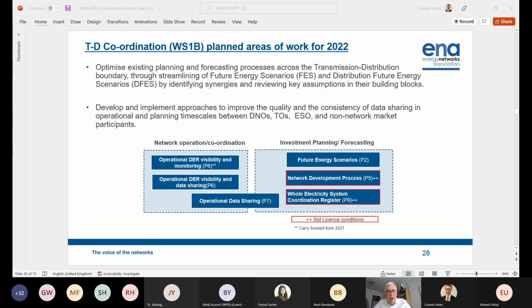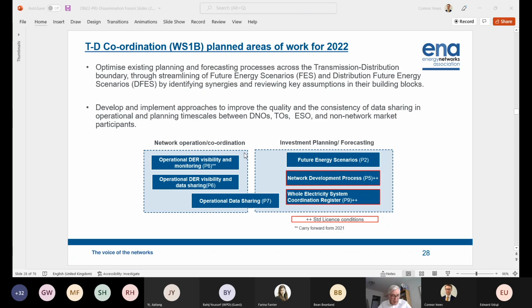But what there was a real requirement for was a best view that you could use for the Network Development Plan, for long-term development statements, and also for exchange of data between ESO, TOs, and DNOs, and the grid code exchanges, which we term week 24 data exchange. That's work that's already been done and delivered, and we build on that year on year.